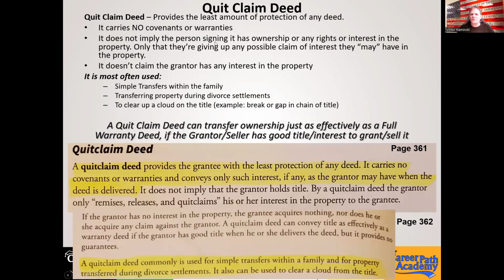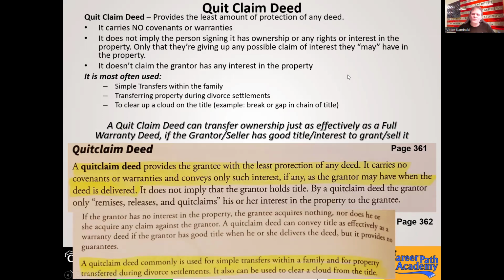It doesn't even imply the person that signs it has any ownership rights or interest in the property to begin with. Only the fact that they're giving up or quitting any claims that they may or may not have, without saying if they do have any interest in the property. So it doesn't claim the grantor has any interest either.